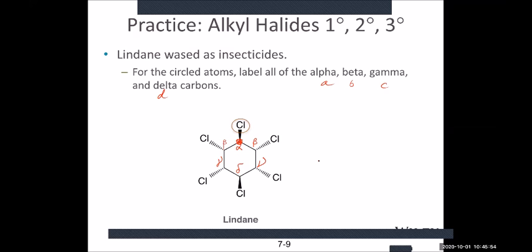Okay, so what kind of halide is this? If you look at this carbon, okay, now it's kind of messy, the red dot carbon: is this a primary, secondary, or tertiary carbon halide? What degree? Primary, secondary, or tertiary? Anyone?